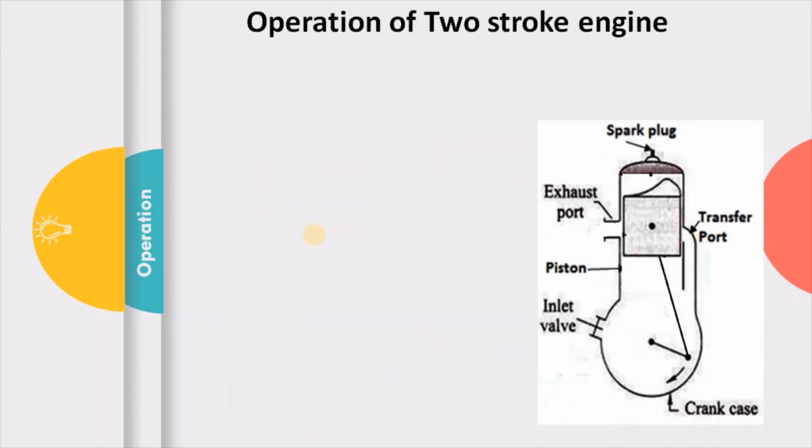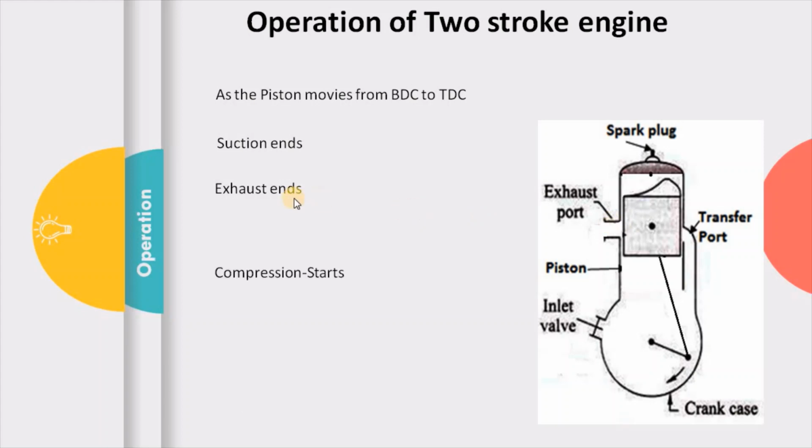So summarizing, what happens when the piston is moving from bottom dead center to top dead center? Initially the piston was at the bottom dead center, the suction was happening, the exhaust was also happening, but as the piston covers the transfer port, suction ends, and as the piston further moves up and covers the exhaust port, the exhaust also ends.